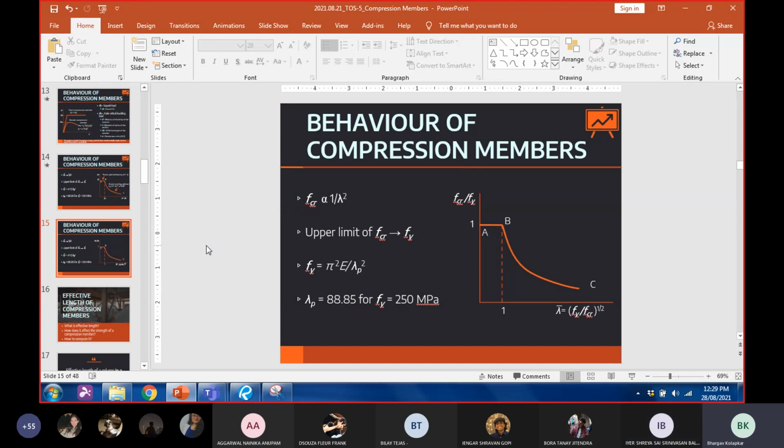Now, to clarify one thing, if the slenderness ratio is 88.84, the column is a short column. If the slenderness ratio is 88.86, is it a slender column? Yes and no. If we strictly look at the numbers, maybe yes. But is it actually going to behave as a slender column?